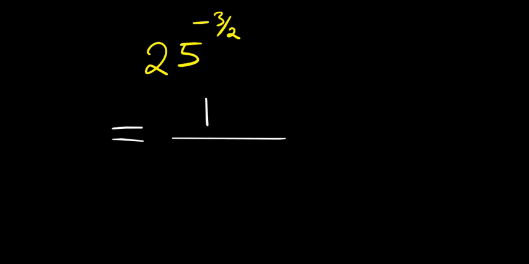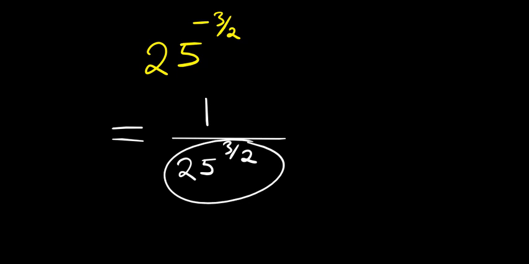However, what if we've got a negative power or a fraction with a negative? How can we do that? Let's say I've got 25 to the power negative 3 over 2. How do we solve such a one? So what happens is that the negative becomes a 1 over the whole expression without a negative. So 25 to the power 3 over 2. Now that I've got this, what I have down, I solve it the way we solve normal indices.